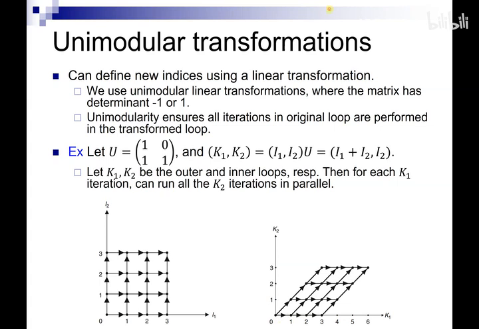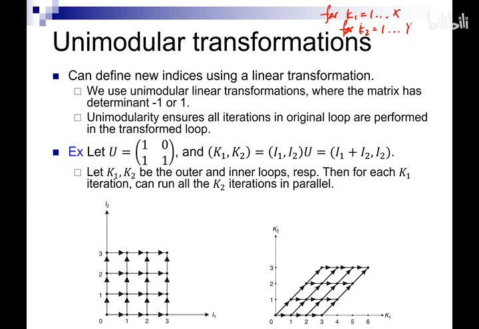So it's going to be something like for K1 equals 1 to X, and then for K2 equals 1 to Y, let's say. But we're going to transform the I loops to the K loops.